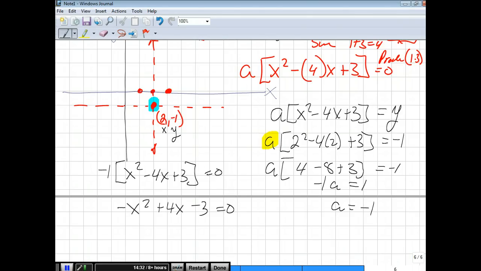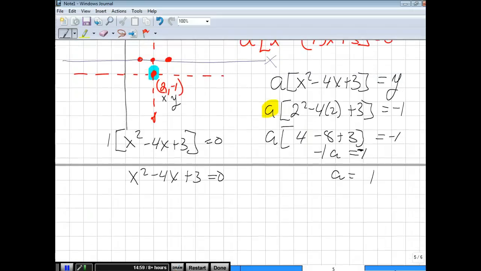Whoops, I'm sorry, I made a mistake. I dropped a negative right here. So a is actually just a +1. Let's go back and fix this. So again, just being human, I dropped a negative. And so our final answer, a is actually just 1.